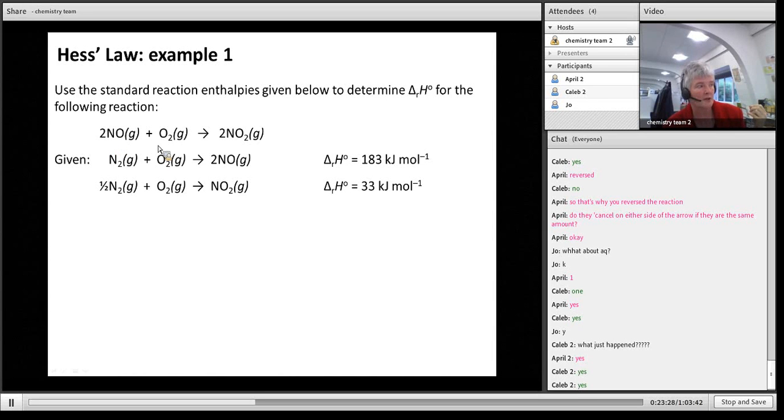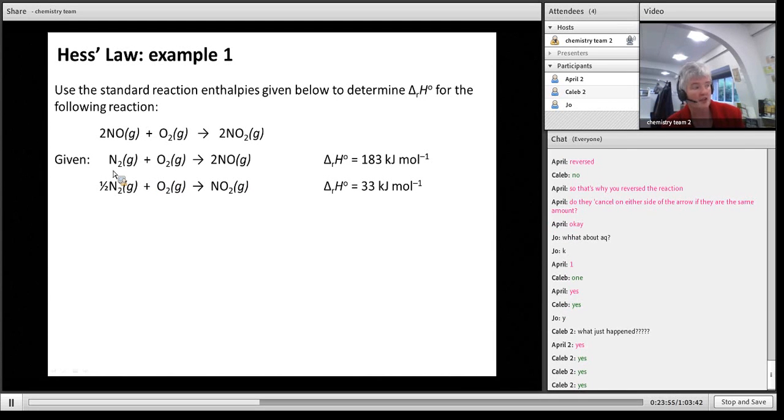So I just want this particular heat of reaction. And the only information I'm given is the heat of combustion of nitrogen, and I'm also given the heat of formation of NO2. Can you see why this is a heat of combustion for nitrogen gas?